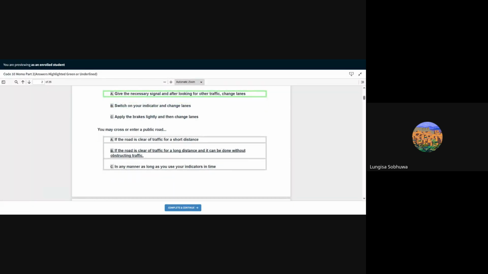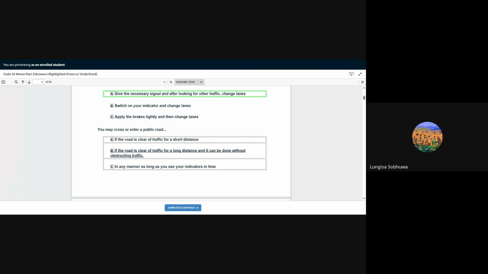So let's go to the next question. You may cross or enter a public road... Option A says, if the road is clear of traffic for a short distance. B says, if the road is clear of traffic for a long distance and it can be done without obstructing traffic.